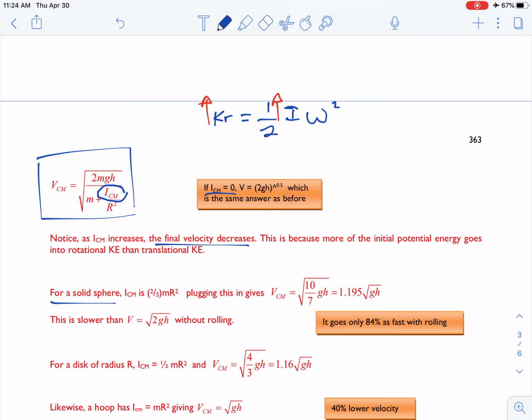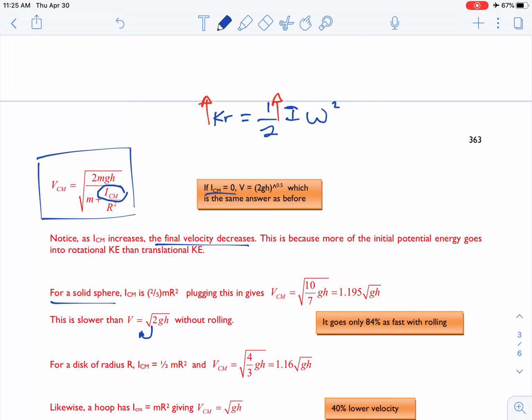Plug this in to the center of mass velocity, some algebra here, 10/7 gh, and 10/7 comes out as 1.195. In part A, this coefficient was 1.41, so it goes only 84% as fast with rolling. So we can simply compare those now.